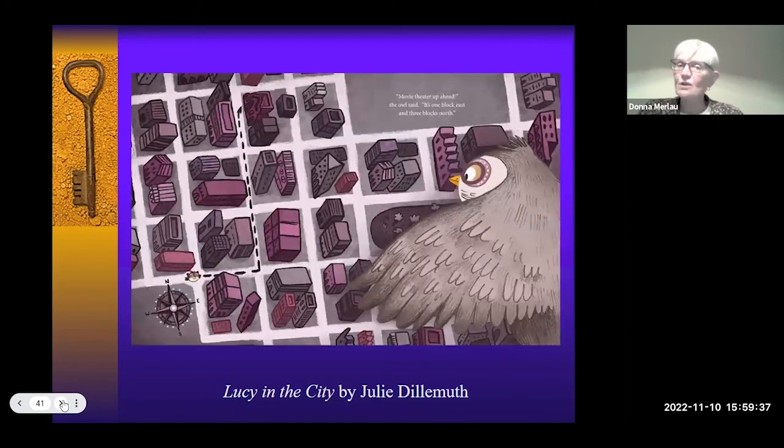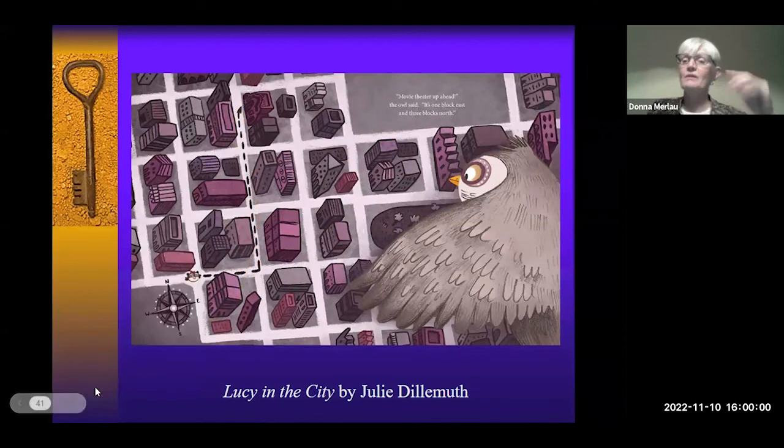In this case, Lucy in the City is a 2nd grade book, and Lucy's lost from her parents. And so she's trying to find her way home. In this case, we're using orientation, north, south, east, west. And we're following a grid pattern, street patterns, right? And Lucy remembers the smell of popcorn, which she associates with movie theater.